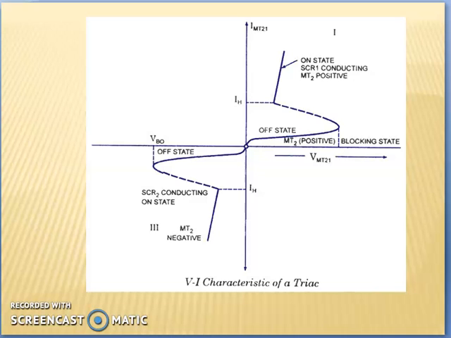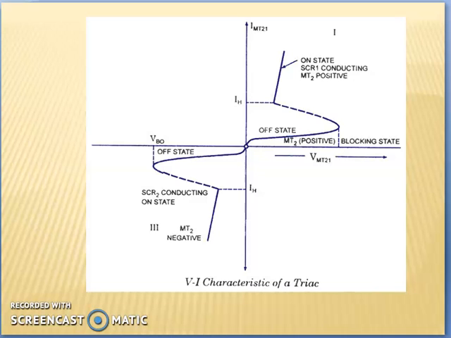The first quadrant characteristics are just like an SCR, but in the third quadrant the characteristics of the triac are identical to its first quadrant. The only difference is that the polarities of the main terminals change, so the direction of current also changes.